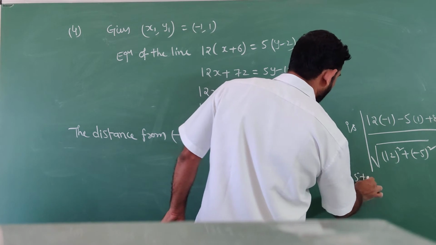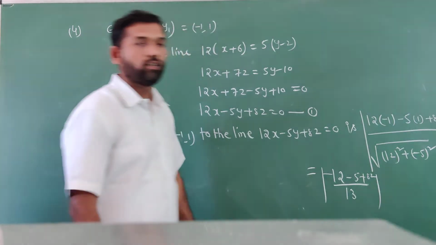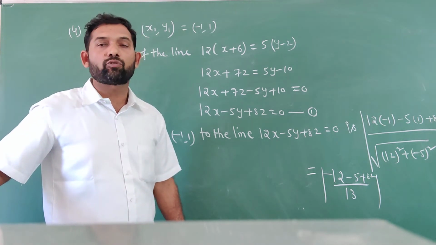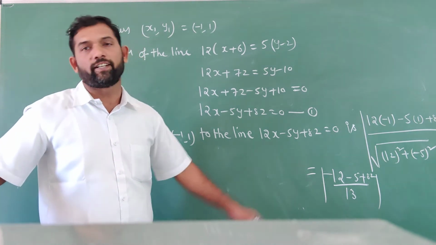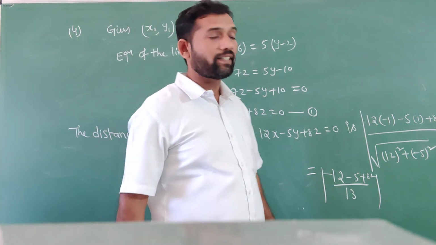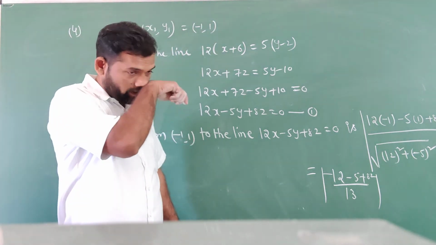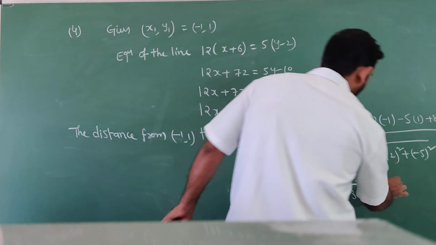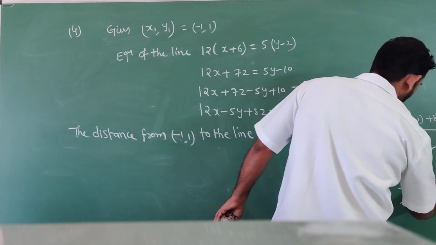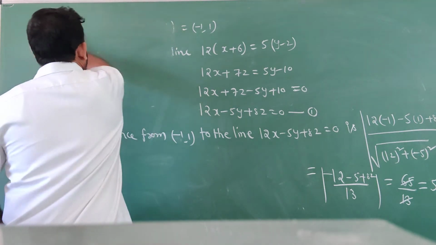So minus 12 minus 5 plus 82 in the numerator, divided by, this simplified is 13. 12 square means 144, 5 square means 25. So 144 plus 25 means 169. Root 169 means 13. Again in the numerator, that value is minus 17 plus 82. How much are you getting? 65 divided by 13. So the answer is 5. 13 fives are 65. So that is our solution.